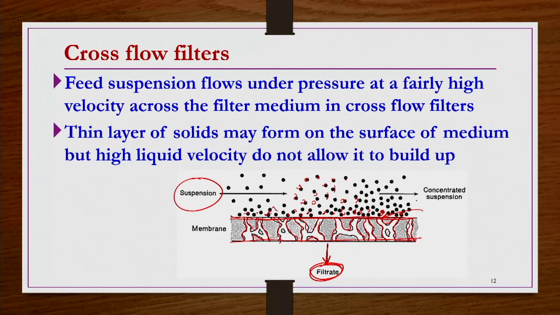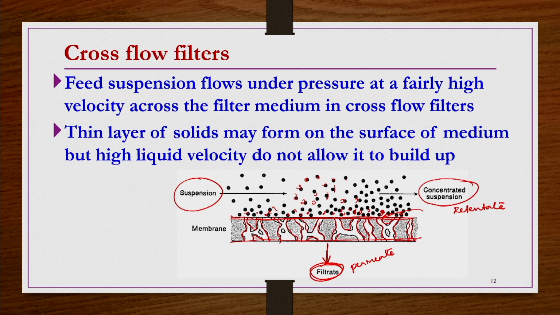You will get a concentrated suspension, which is known as the retentate. The filtrate is also known as the permeate. Permeate is almost clear liquid without any solids.